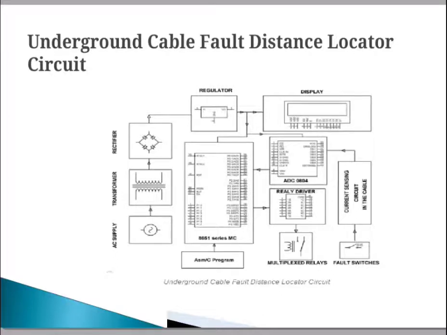In this case, if there is any short circuit from line to ground, then the voltage across the series resistor alters accordingly. Then it is fed to the analog to digital converter, as shown in the figure. Then to develop exact data, which is pre-programmed in the 8051 microcontroller, it will be displayed in kilometers.